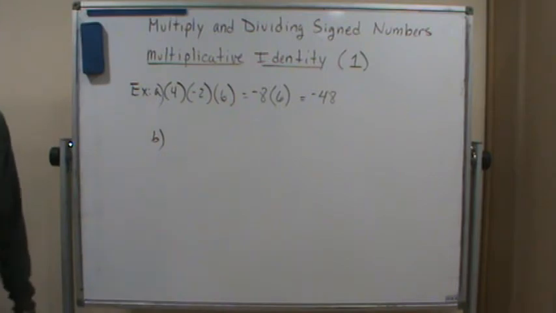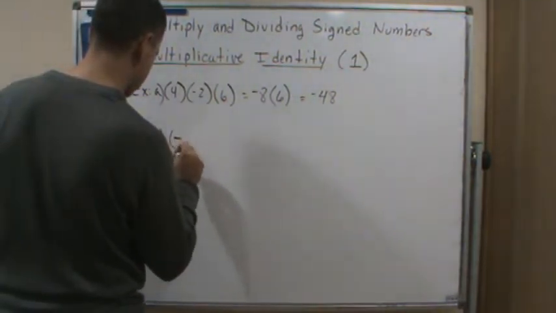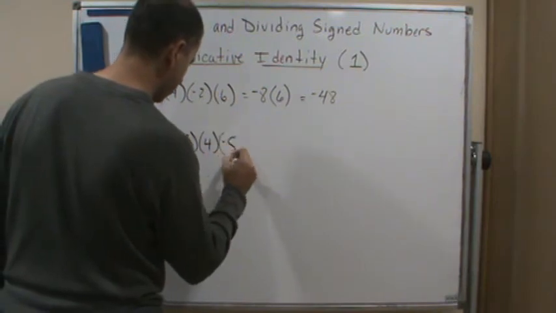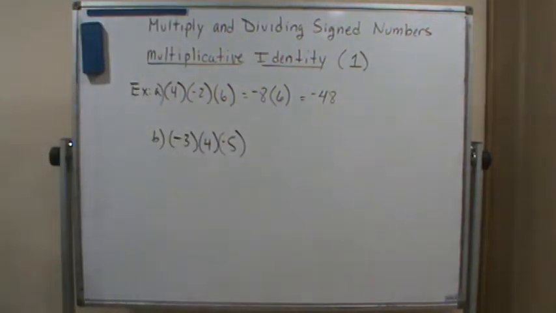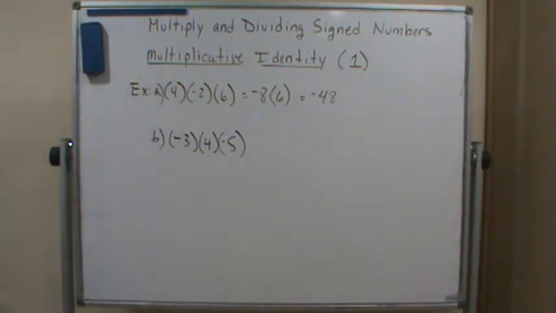Now let's do B. So B gives us negative 3 times 4 times negative 5. How can we do this one? We could use all kinds of different things, but let's just multiply it left to right.